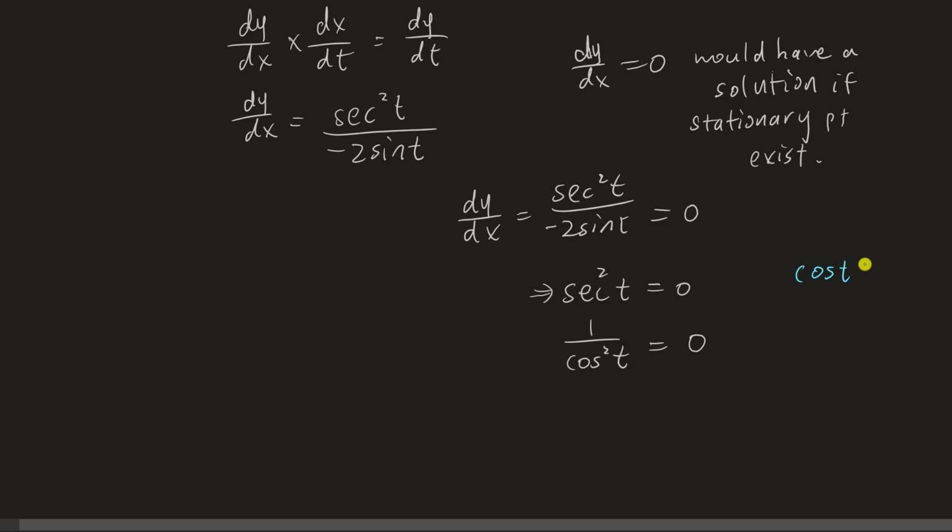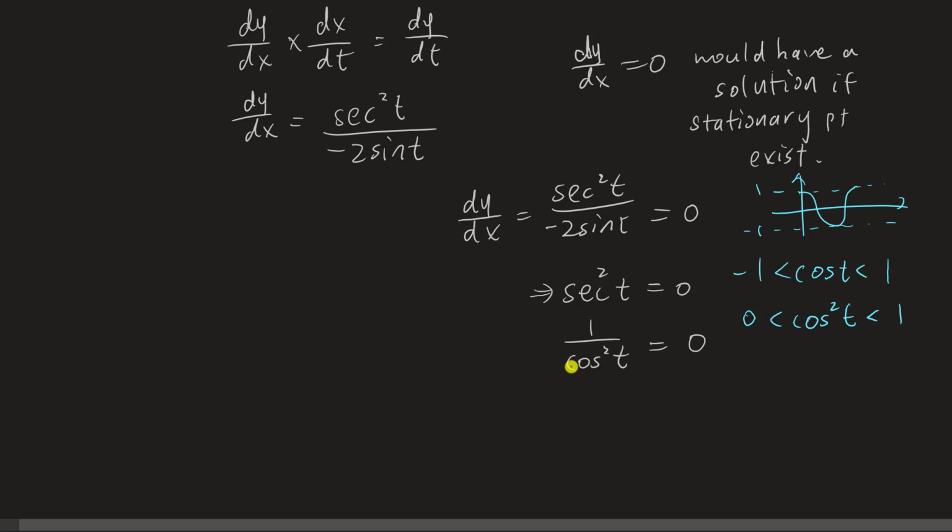Now let's take a look at cosine t. Cosine t will only have values between -1 to 1, right? Because if you were to draw the cosine curve, it looks like that, right? You realize that the highest possible value is 1 and the lowest possible value for cosine t is -1, which makes cosine square t only lie between 0 to 1.